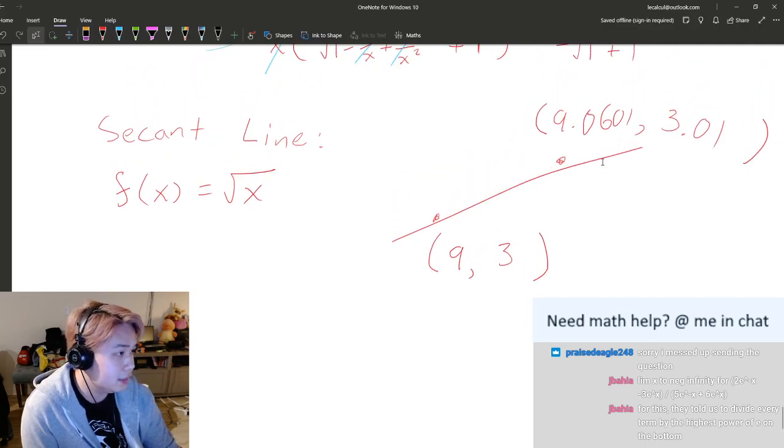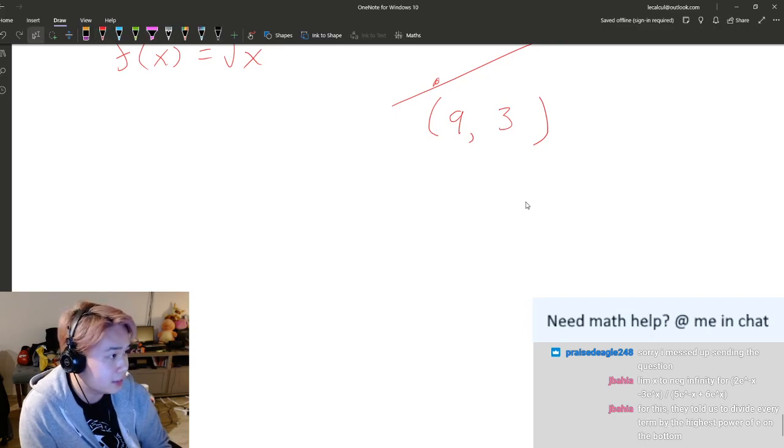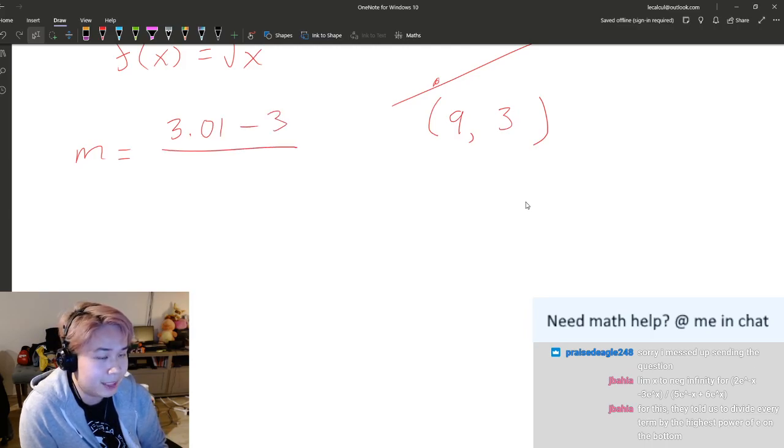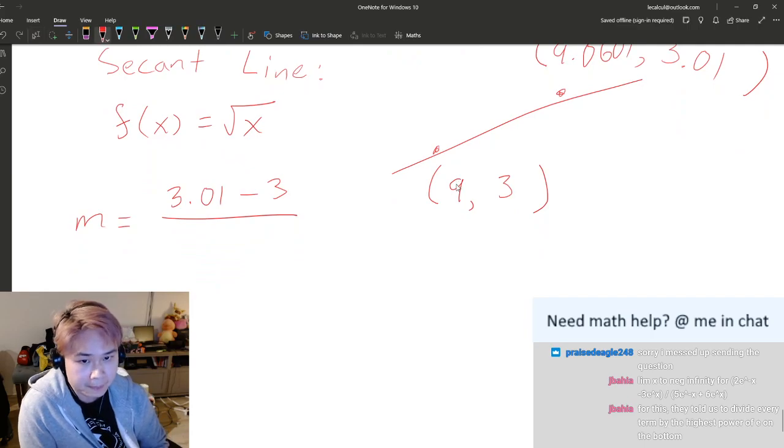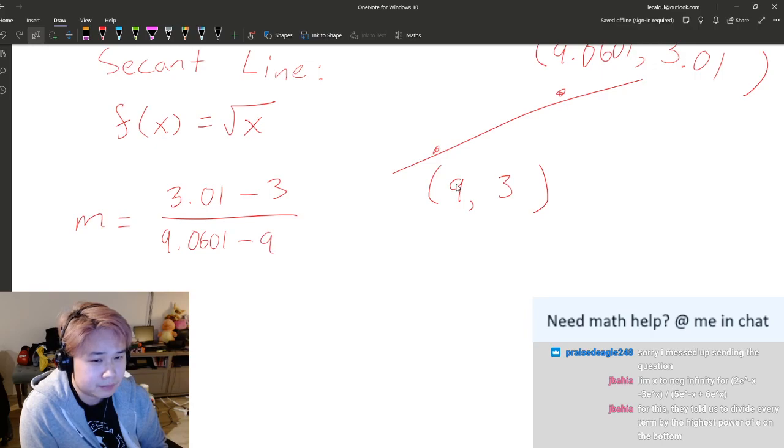Okay, so to find the slope from this point to this point, we just take the difference of y's: 3.01 subtract 3, and then divide by the difference in the x's, this 9.0601 minus this 9. So up top we have 0.01. On the bottom we have 0.0601.